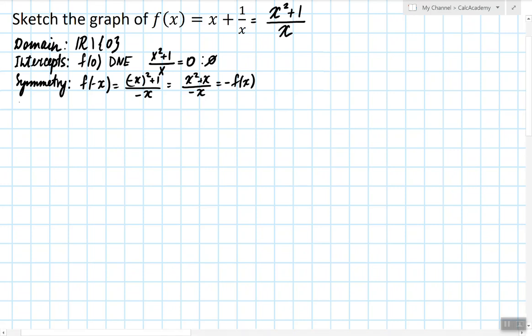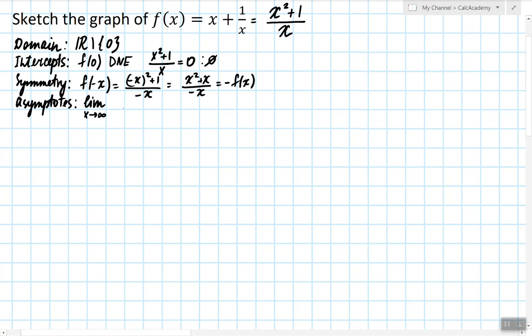Next, we want to focus on the asymptotes. There are several types of asymptotes that we can find. First, we want to find the end behavior. To do that, we have to find the limit of the function as x goes to infinity. However, we recognize that this is a rational function, and the degree of the numerator is 1 greater than the degree of the denominator.